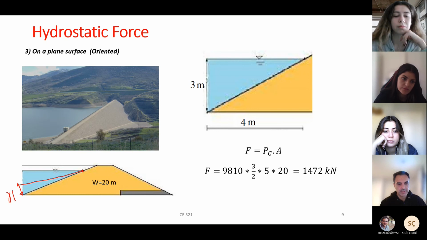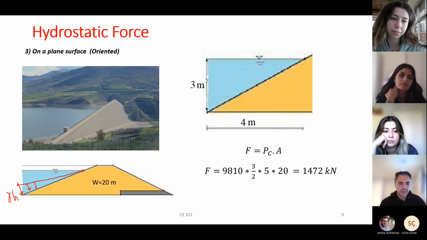Here we have gamma h. As you see, it is not uniformly distributed. It is linearly increasing pressure from top to bottom.